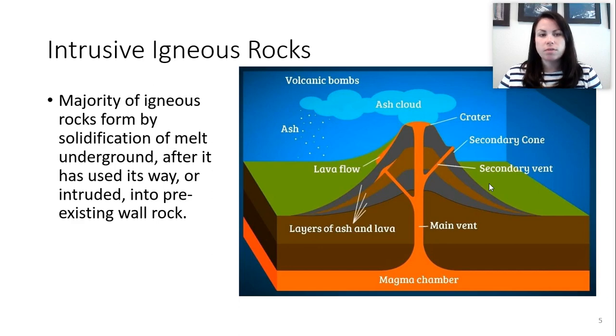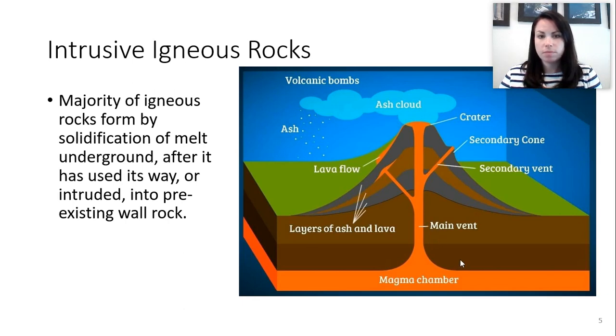Now, intrusive are rocks that are formed inside. Think inside, intrusive; outside, extrusive. So intrusive is formed by solidification of the lava or magma that's still inside the volcano. Most igneous rocks are intrusive.